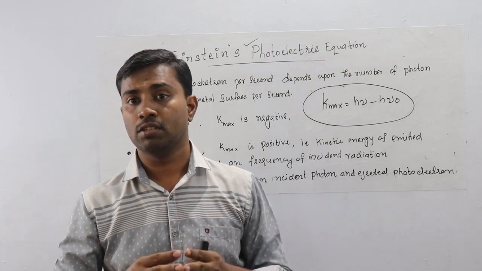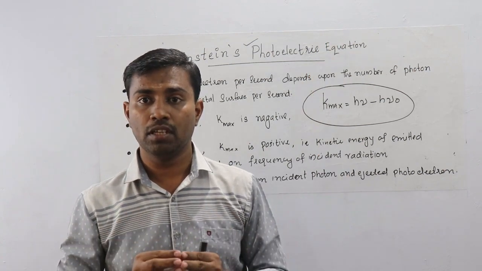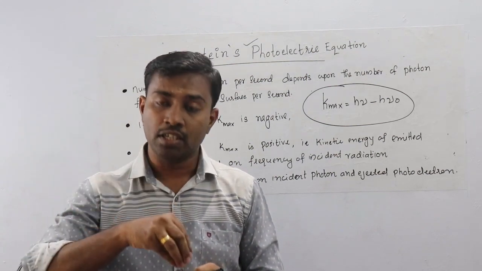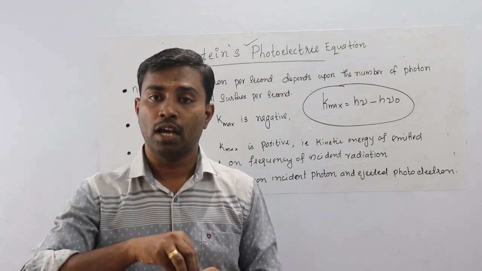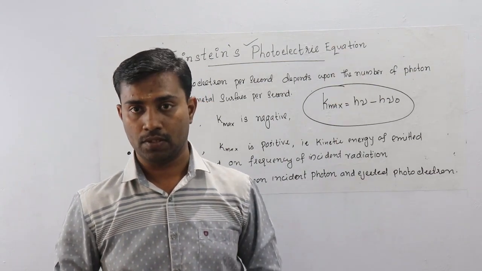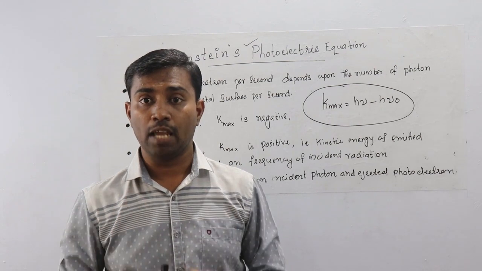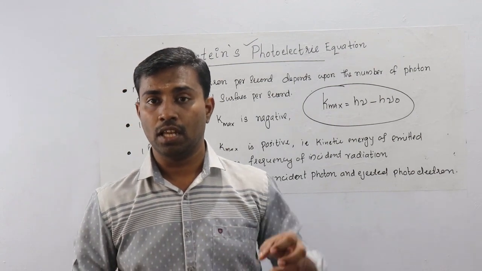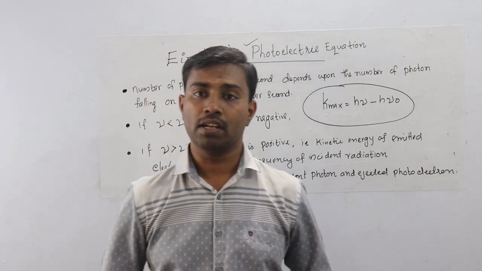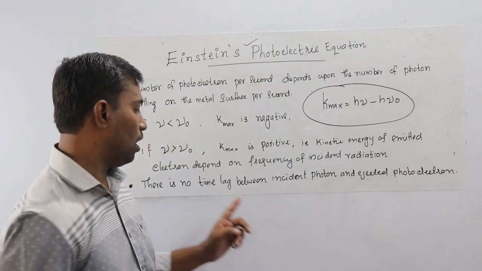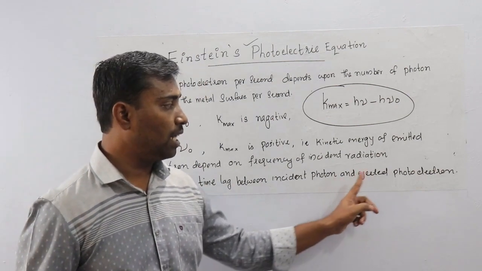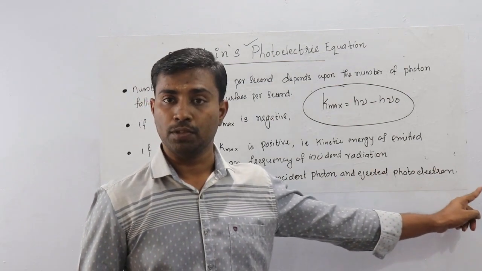That means there is no time lag between the incidence of the photon and the emission of the photoelectron from the metal surface. That is the last point. There is no time lag between incident photon and ejected photoelectron.